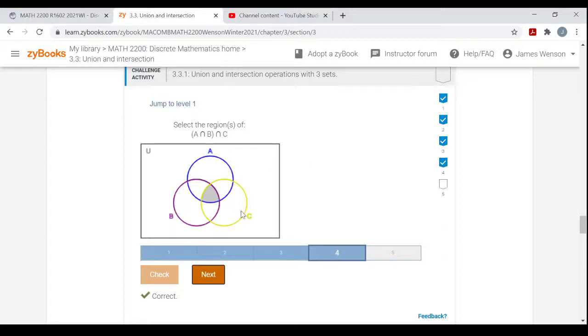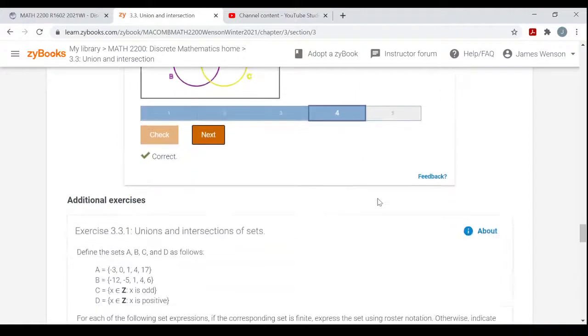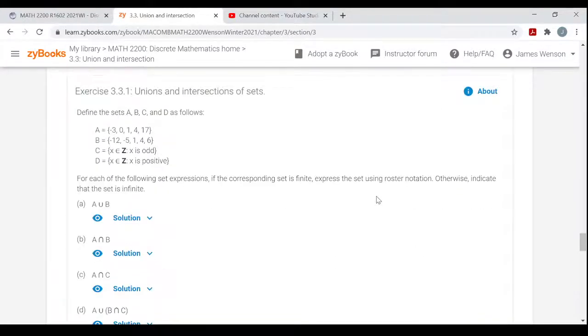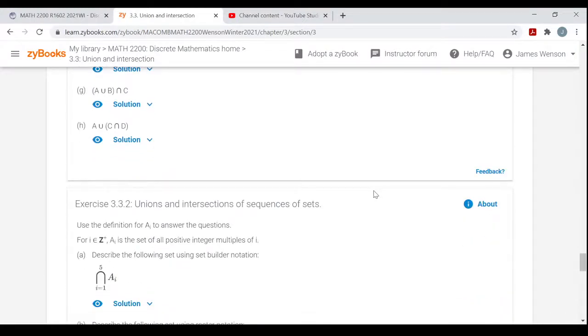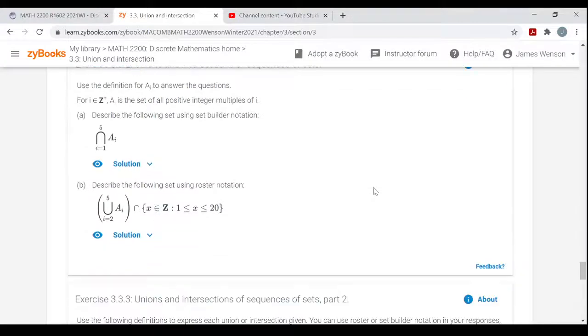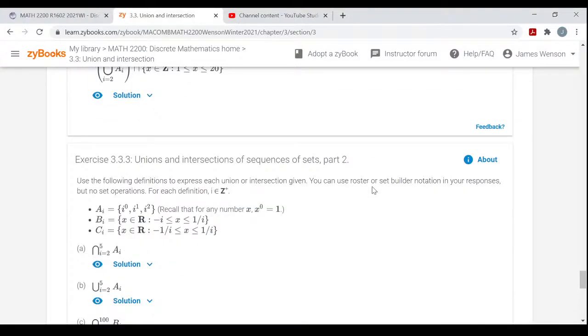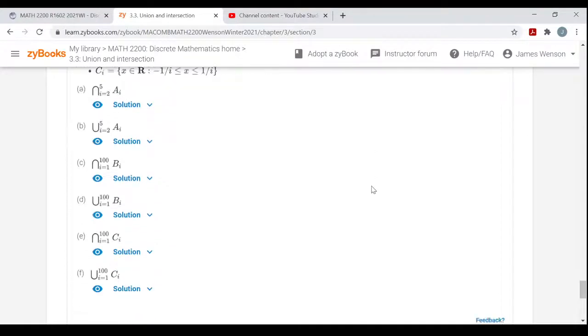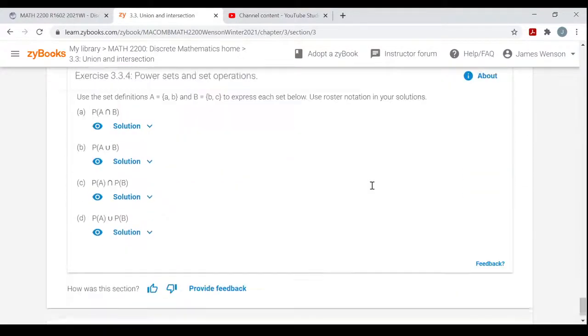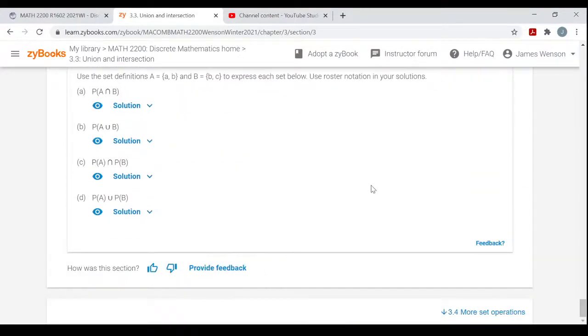All right, I'm not going to do the last one. And then finally, you have your additional exercises. Some of these are in assignment 4 that you're going to be uploading to me. Other ones are not. I would still recommend that you do all the problems. Take a look at all of them, because the more practice you get, the better.